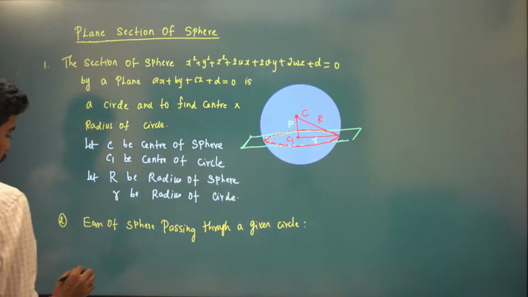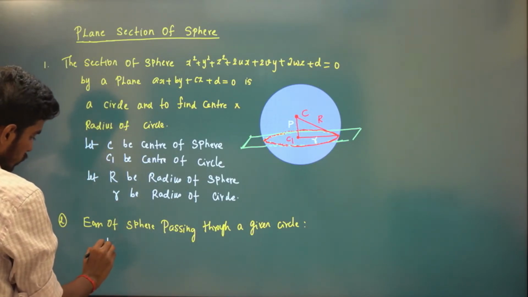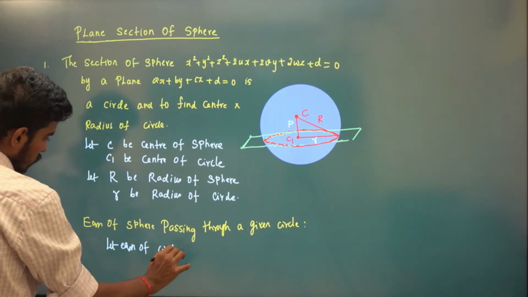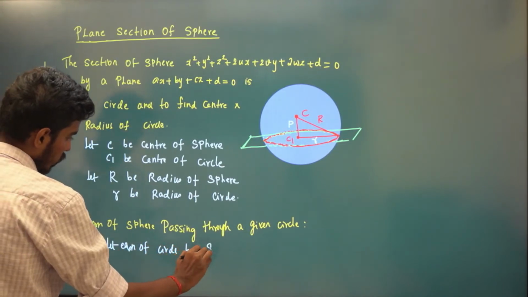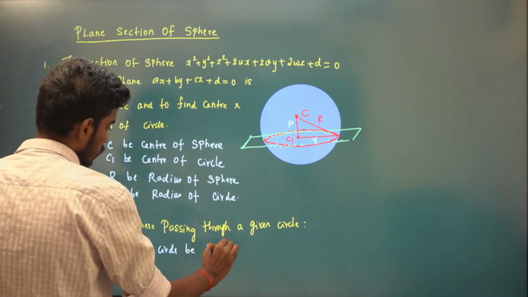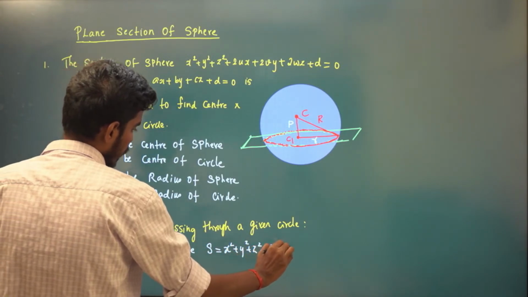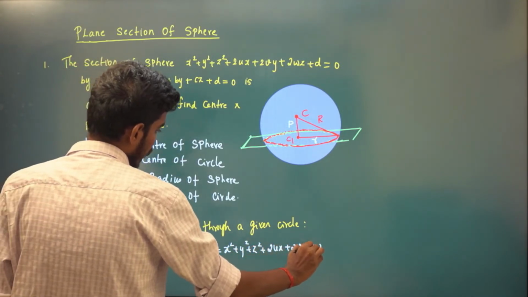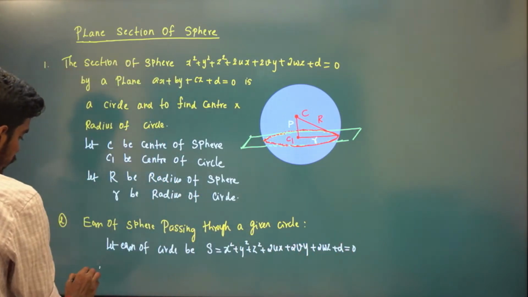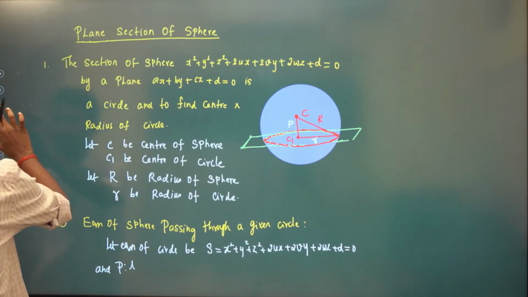So let the equation of the circle be given: they will give a sphere, say x square plus y square plus z square plus 2ux plus 2vy plus 2wz plus d equal to 0, and they will give a plane also.